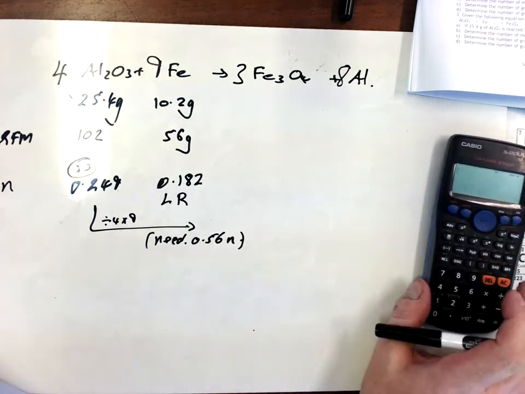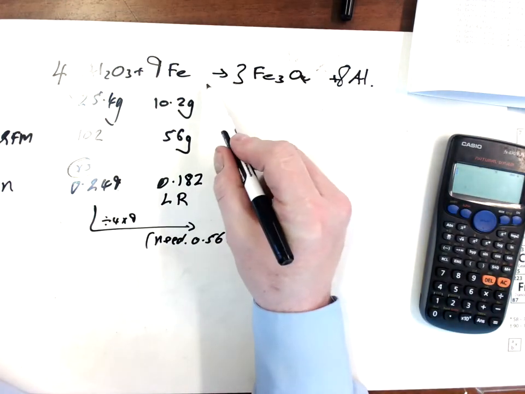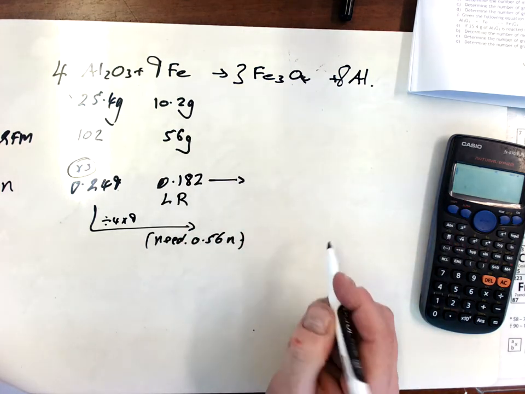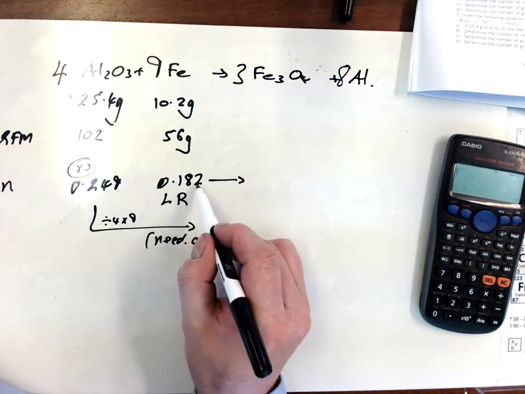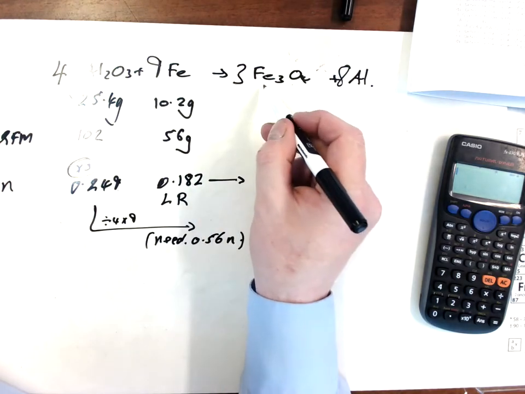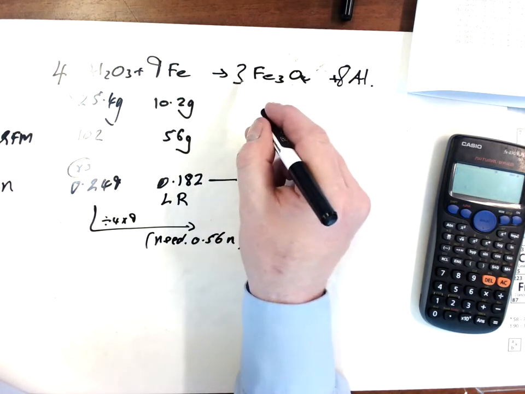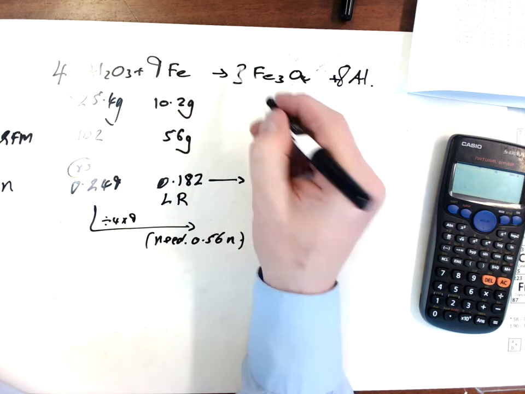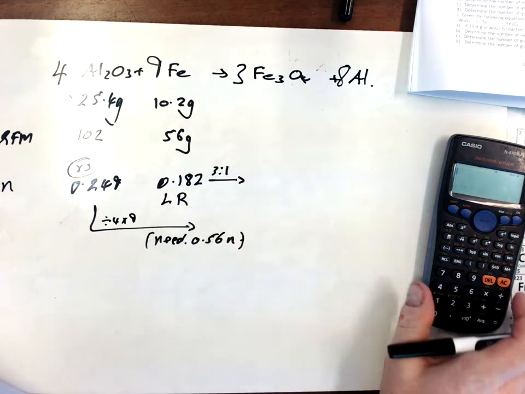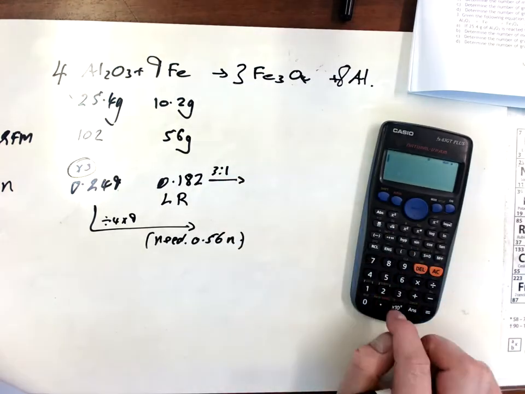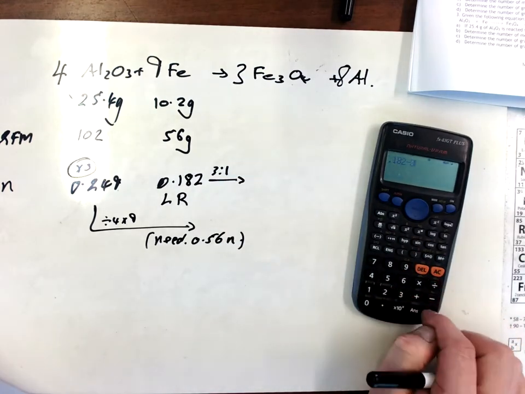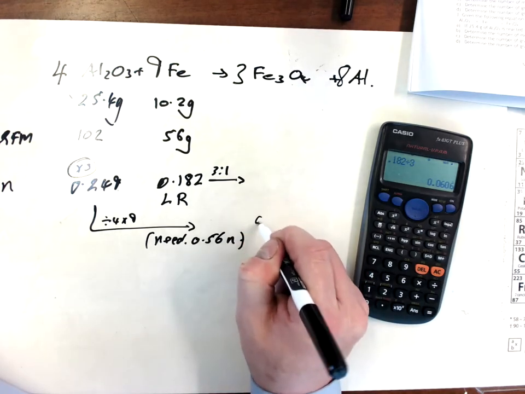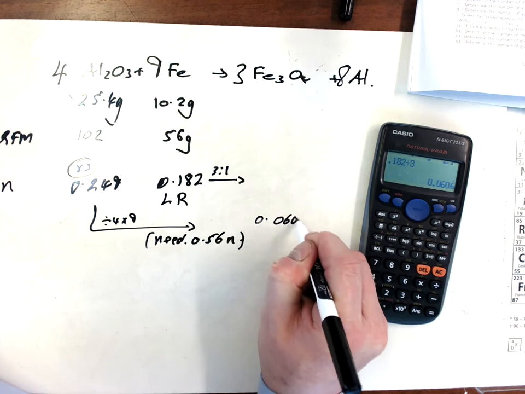Okay, so I'm going to try and work out how many moles and then what mass of these products are made. So I have 0.182 moles of iron, and that will make a third of that in terms of moles of iron oxide, okay, because it's a 9:3 ratio, or a 3:1. So the moles of this that would be made would be 0.182 divided by 3, would be 0.0606.